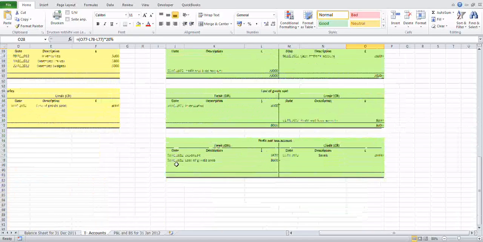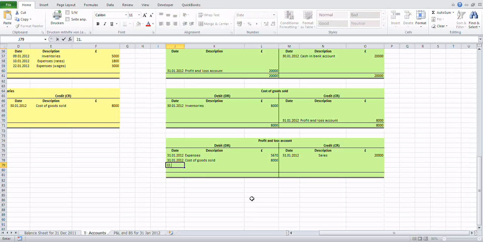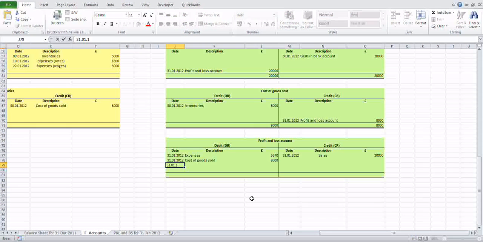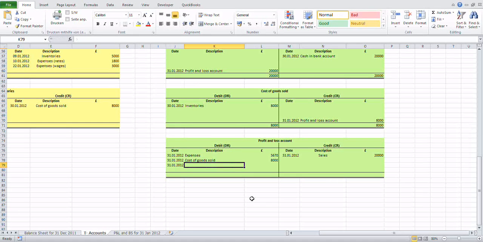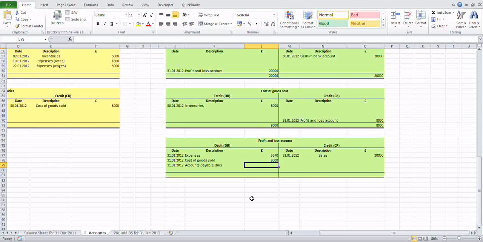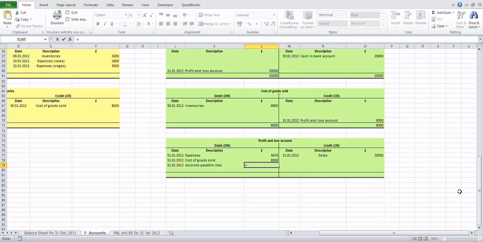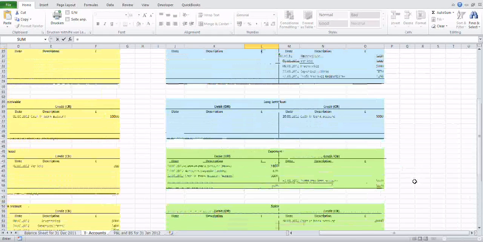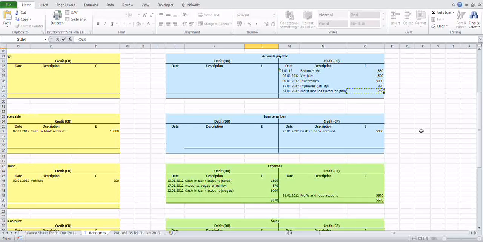So let's put this right here. 31st of January 2012. Accounts payable tax. And link it to the accounts payable tax position, 1,266.